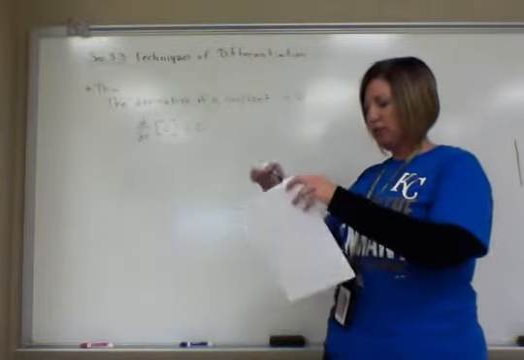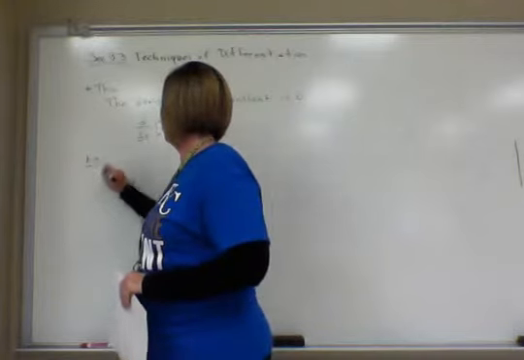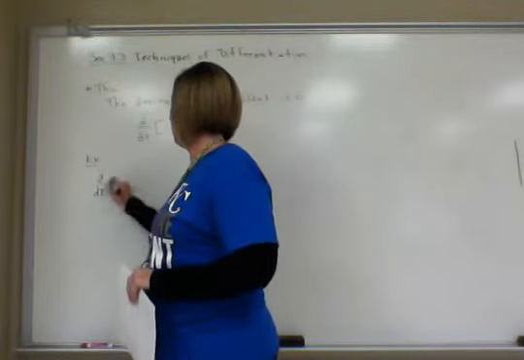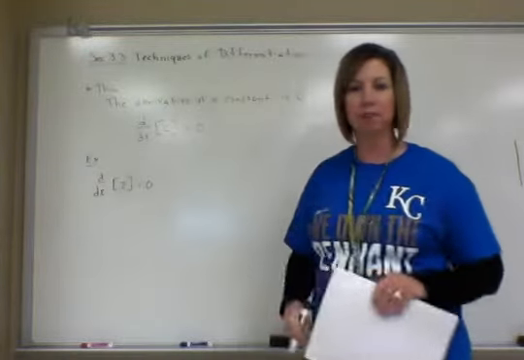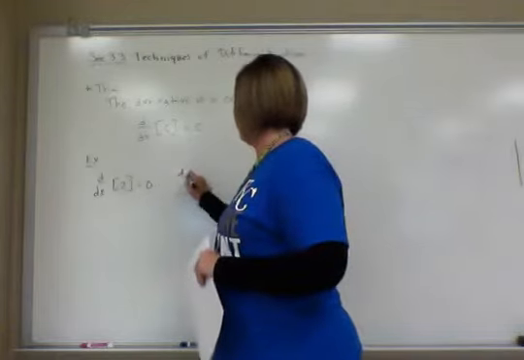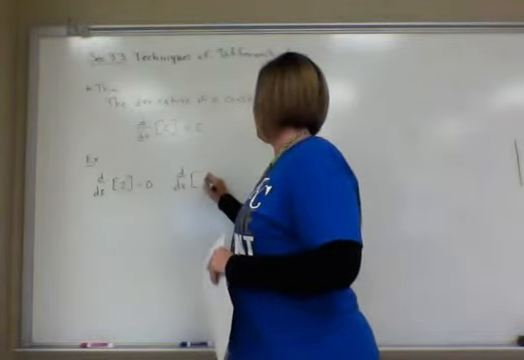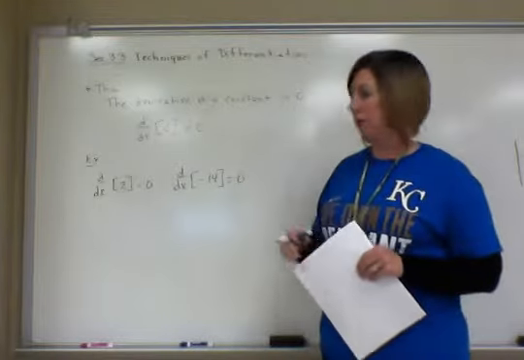But let's just make sure that we're clear and do a few examples. So the derivative of something like 2 is 0. That's pretty straightforward. The derivative of a negative number, negative 14, is also 0.